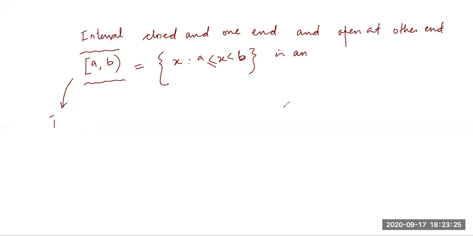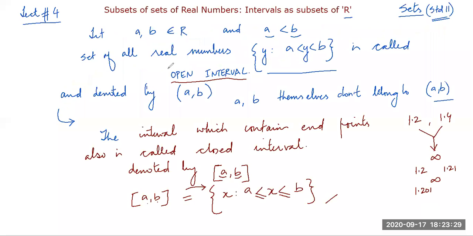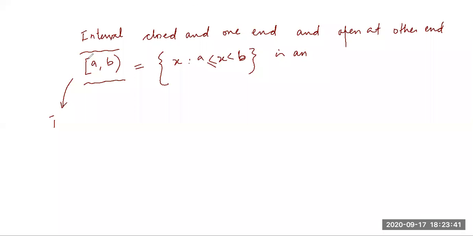Now you might think whether it is a closed interval or an open interval. Because in open intervals we had these braces, and in closed intervals we had these braces. So can anyone answer this? Well, one brace is closed and one is open, but because one is open, we'll call it an open interval. Because one side is open, it is an open interval.